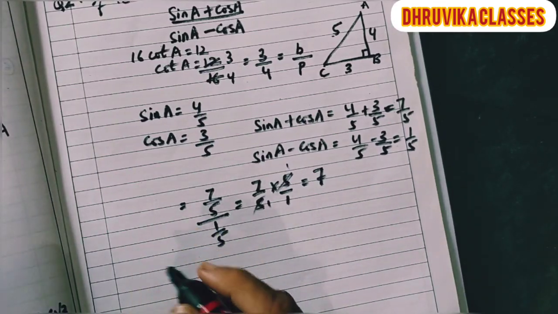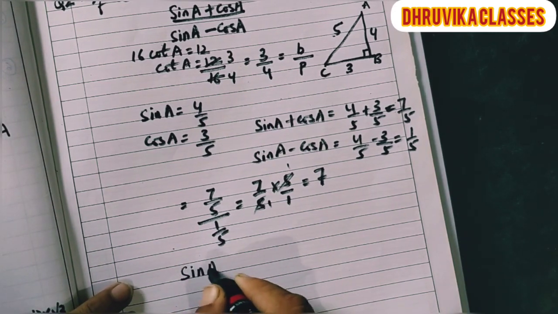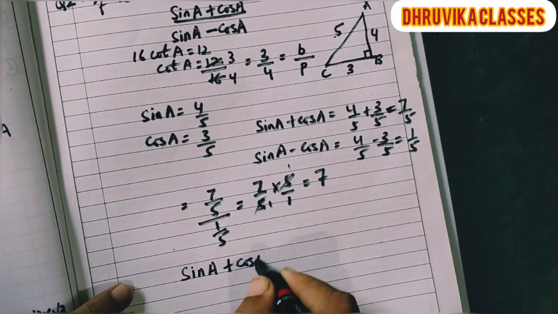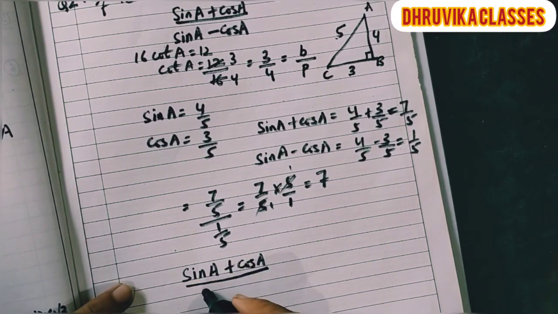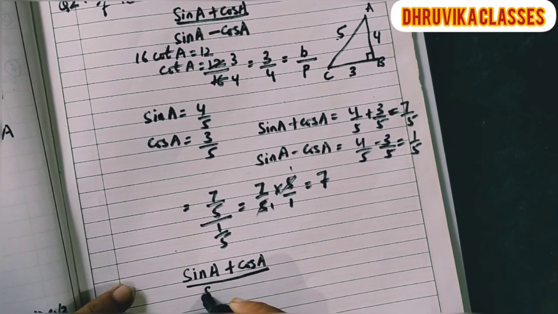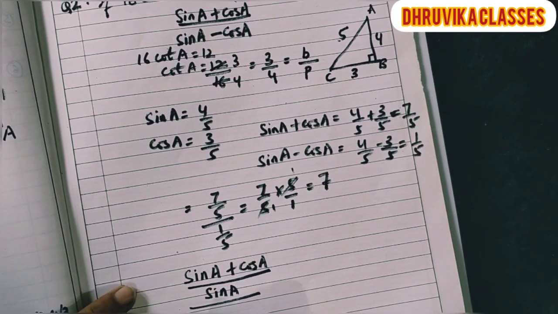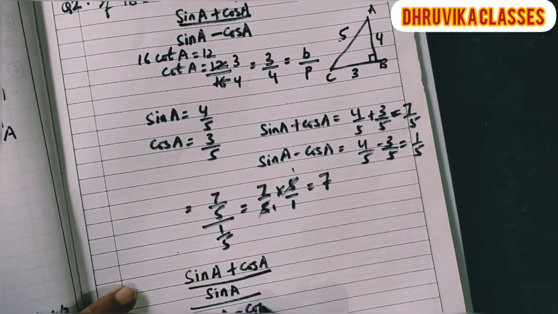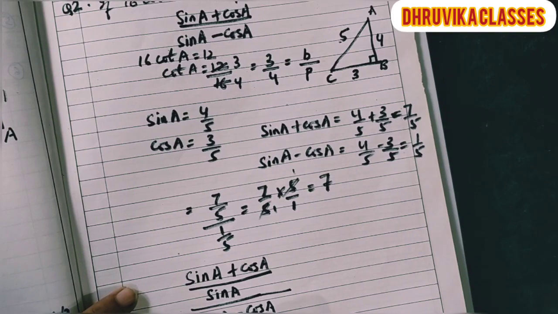Another method for this is, you can do one more way: sin A plus cos A, you can divide this by sin A. Suppose you divide both numerator and denominator by sin A. This is another way, and using this method you can solve many problems.